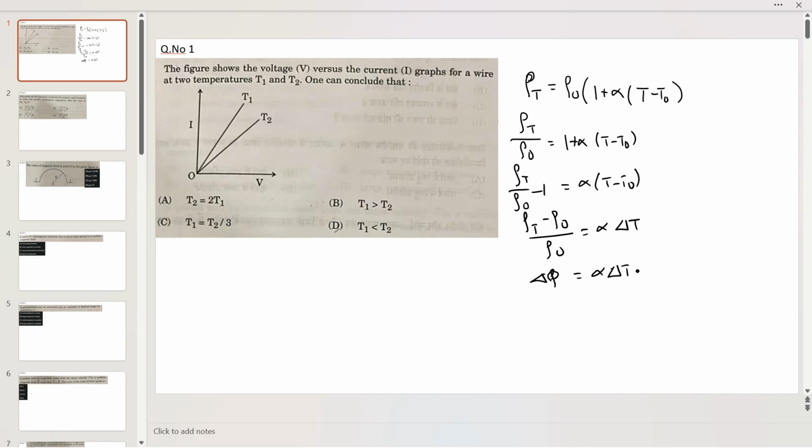So here you see that your change in rho is proportional to delta T. So when the temperature increases, your resistivity increases. So now again, increase in resistivity.